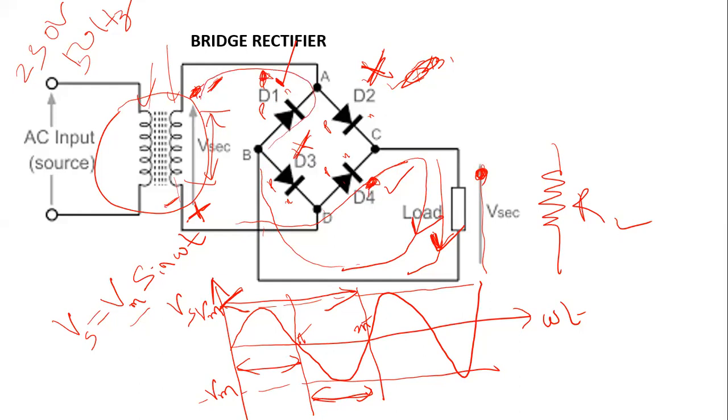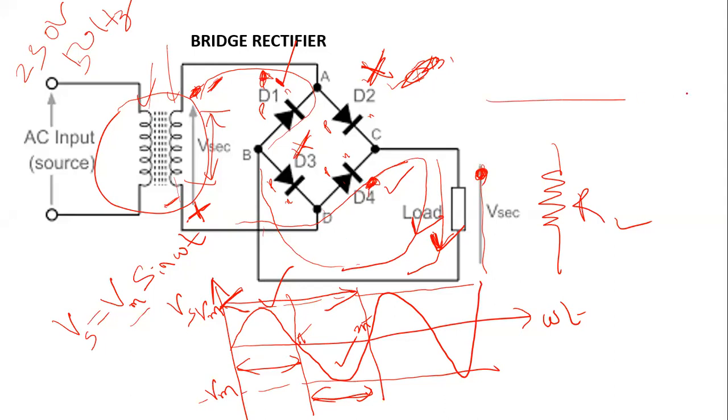Okay, so if you follow that current flow, like switching on and switching off a diode, that is forward biasing and reverse biasing of these diodes which are connected in this bridge form, you will find that during both the positive half and negative half of the cycle, current will flow through this load resistance in the same direction.